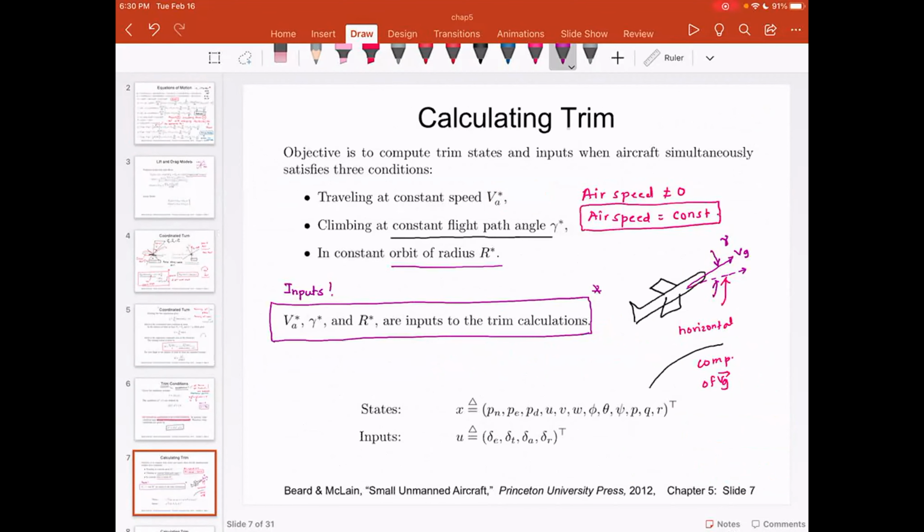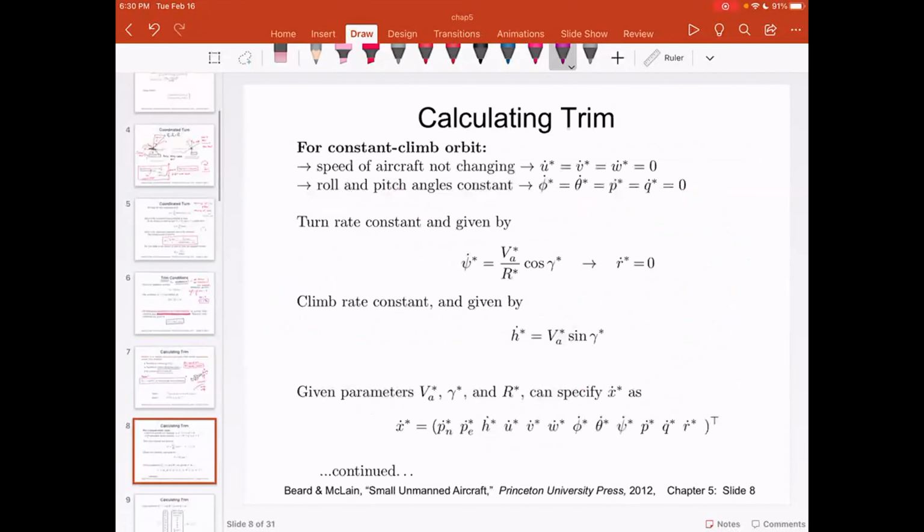To be honest with you, finding the trim for a small airframe with a lot of approximations is easy, but even for a simple airframe like Zagi, finding the trim parameters by hand is almost impossible. So what we do is use the MATLAB function trim to find the values of trim parameters.